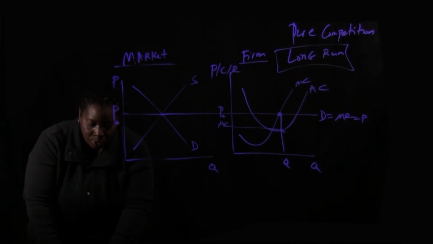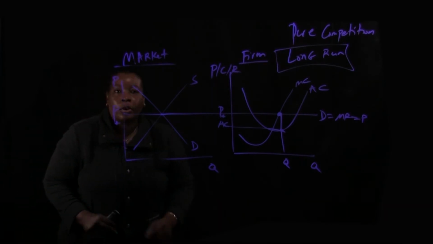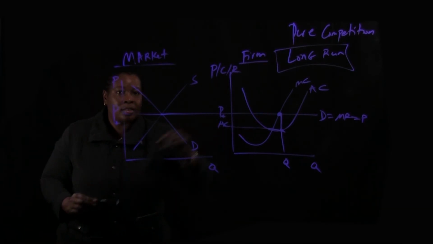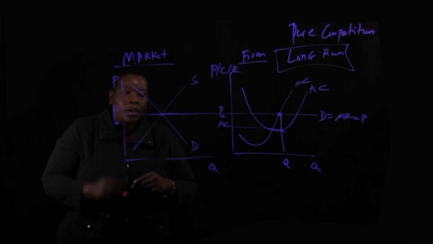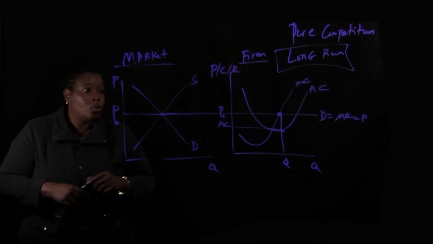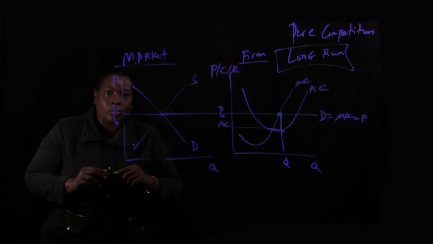Now here's how the story goes. Once upon a time, you had a purely competitive firm making profits. That's this scenario. When this firm was making profits, other firms realized that this was a profitable industry.